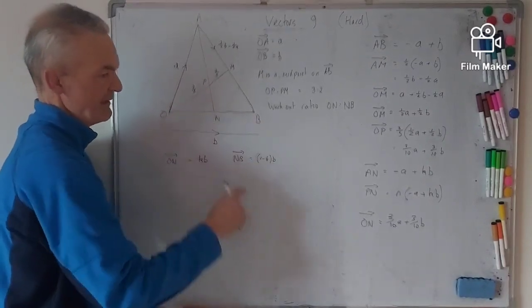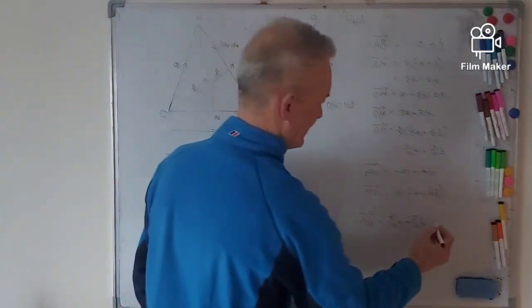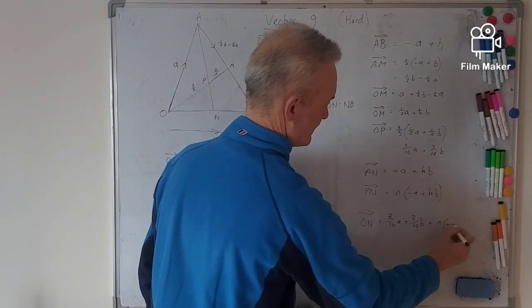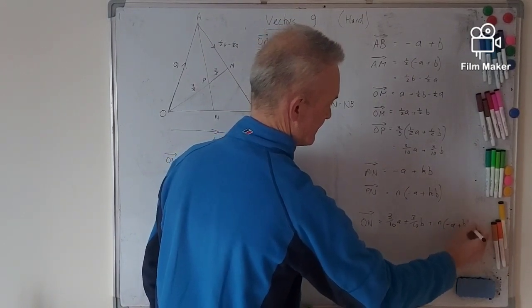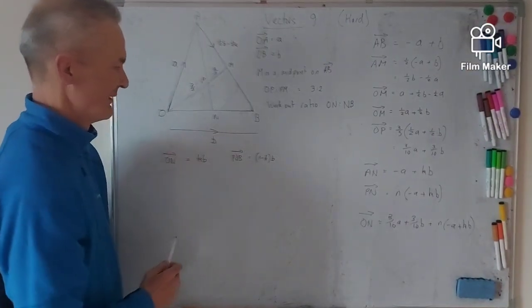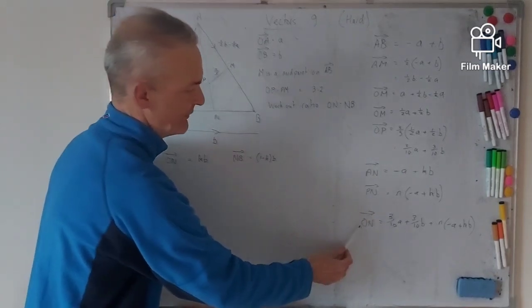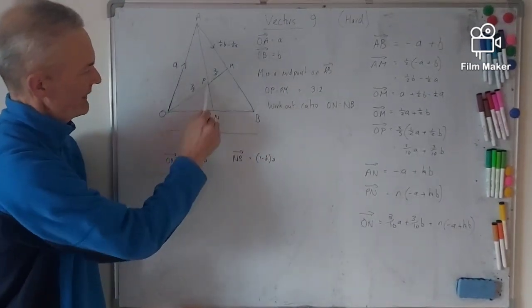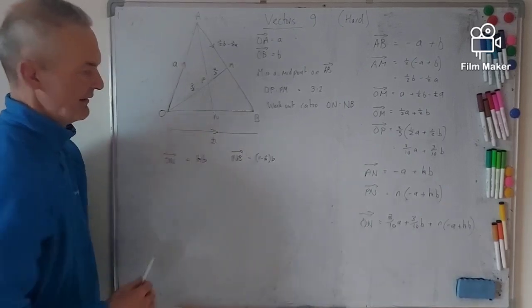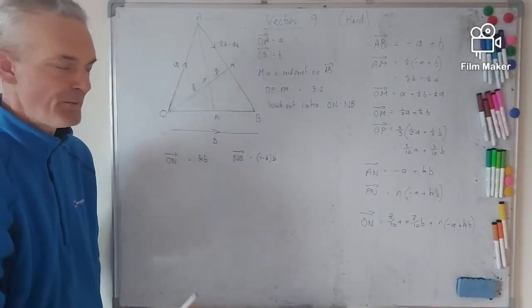And then we need PN, which we've just worked out here. So plus, okay, so that's that vector ON. So we've got it in 2 ways now. We've got ON up here and down here, and we've got ON here, this bit here. So we should be able to work something out from that now.